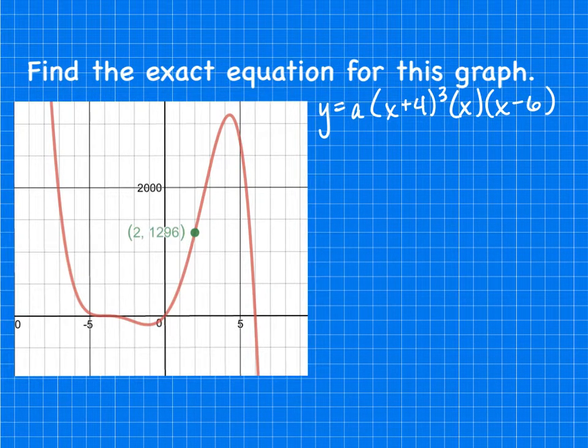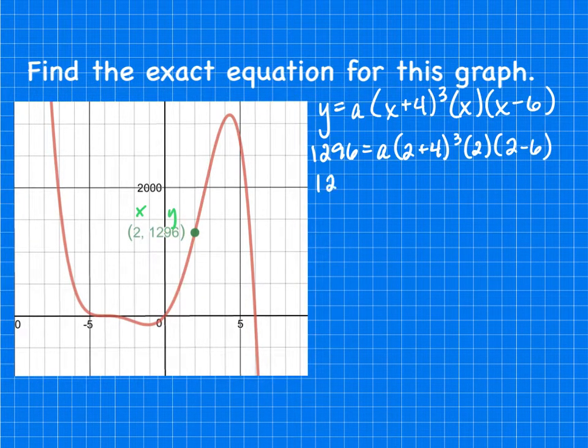So if we plug in our 2 for x and our 1296 for y, we have 1296 equals a times 2 plus 4 cubed times 2 times 2 minus 6.